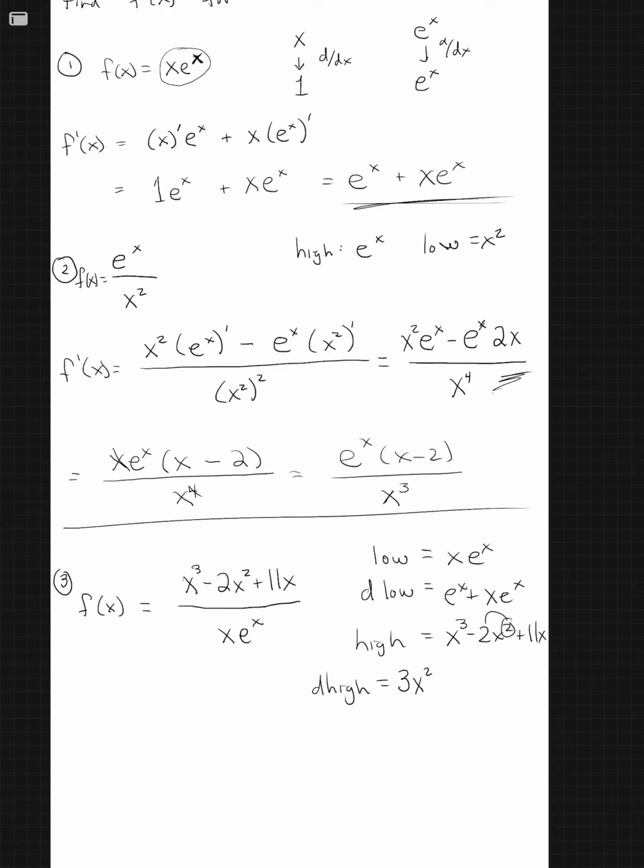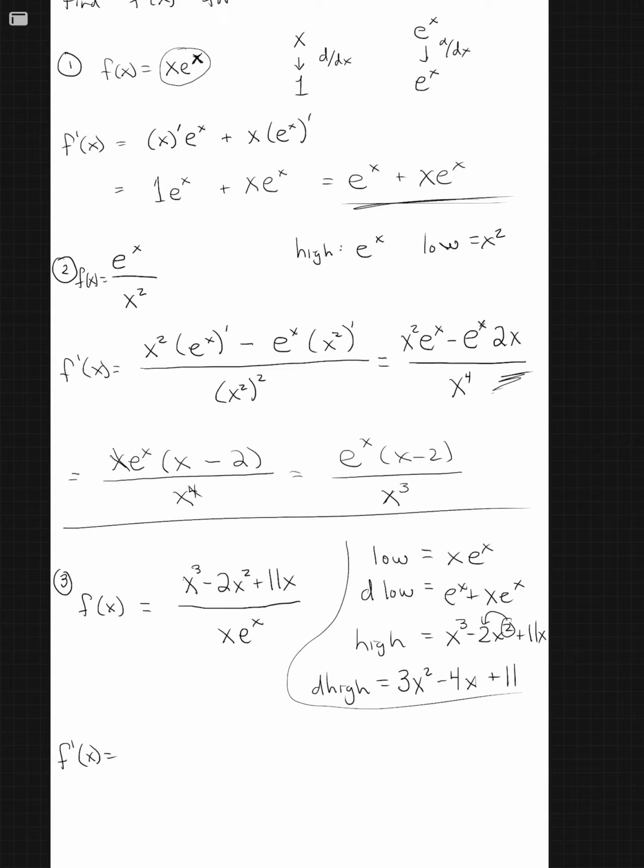For the next term, we're going to take that 2 and multiply it by the coefficient to get 4 and bring the power down to a 1. And then for the 11, we're going to bring the 1 down. 1 times 11 is just 11. When we take the power down by 1, it becomes x to the 0, and x to the 0 is just 1.